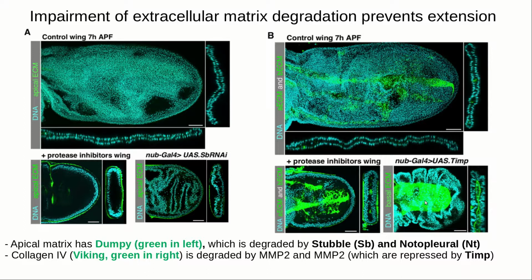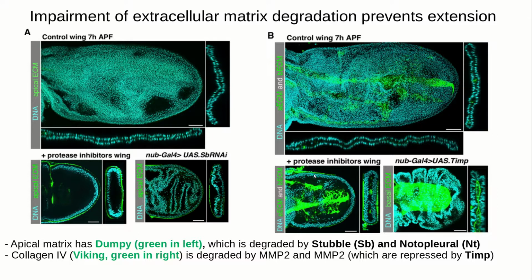So the same happens when you prevent the degradation of the basal matrix. Here in green you have a Viking reporter, which, as I said, is one of the subunits of collagen 4.